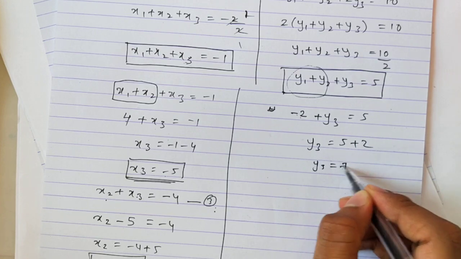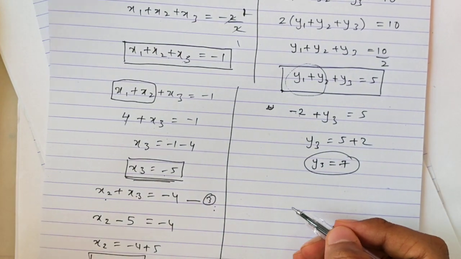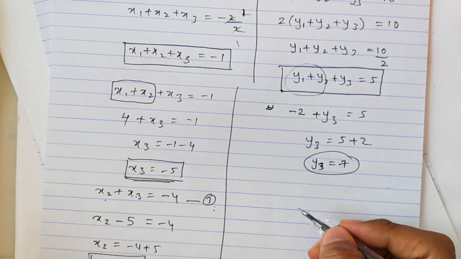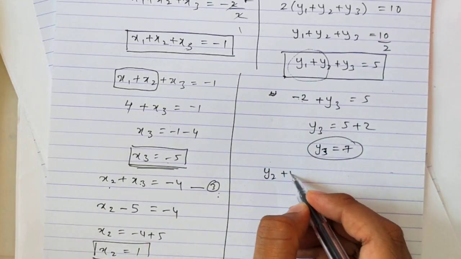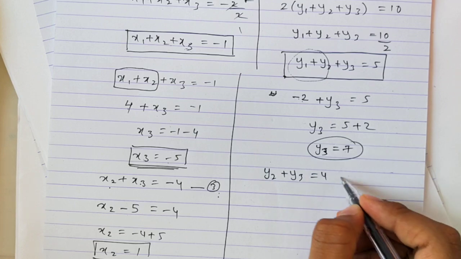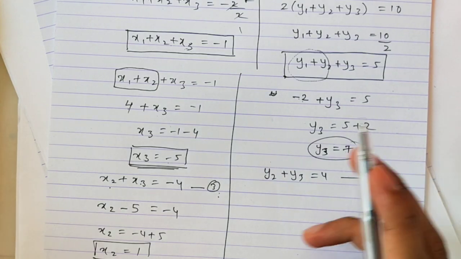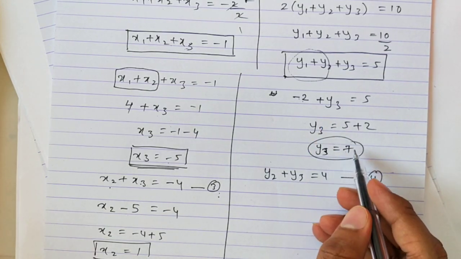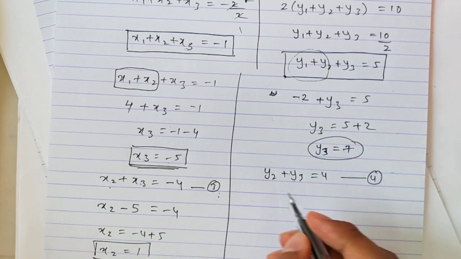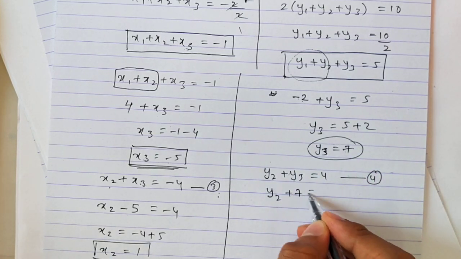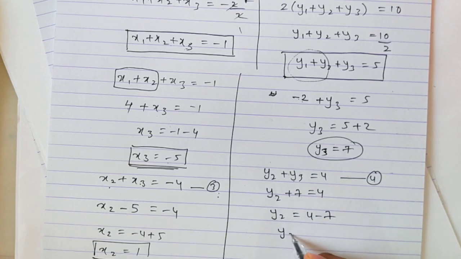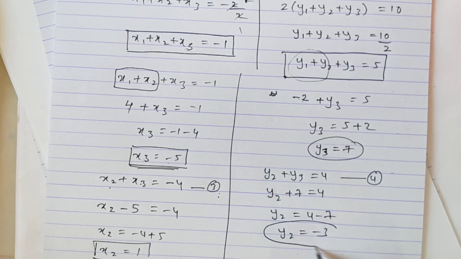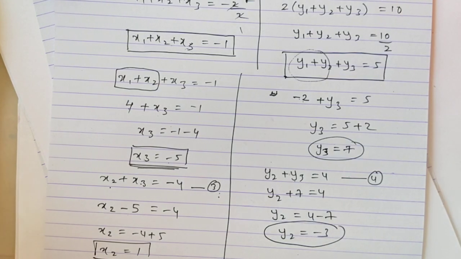So y3 is equal to 7. Now once I have y3, I'll use any other equation. Like I'll use equation 4. This was the fourth equation in the list of equations there. So here I'll put y3 is 7. 7 will go there. y2 is equal to minus 3.